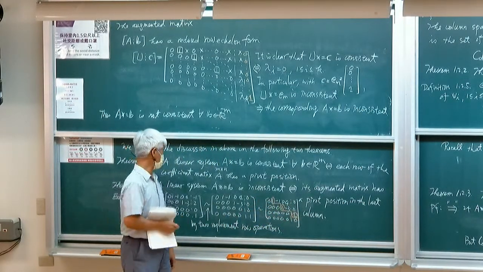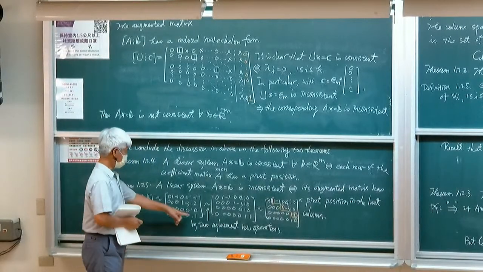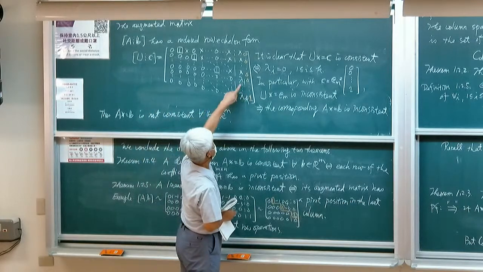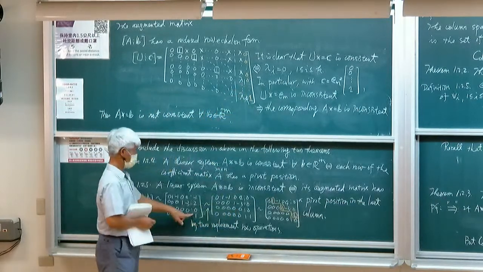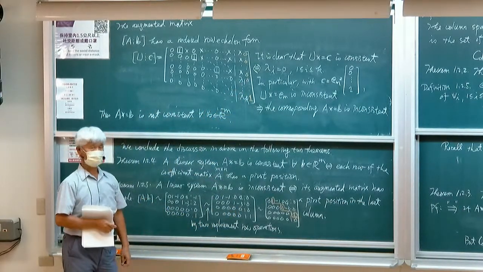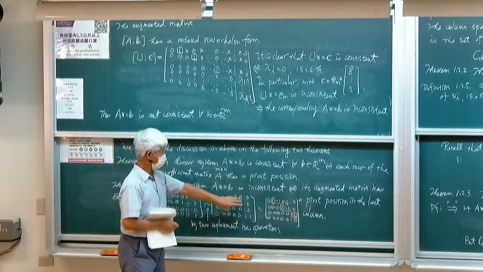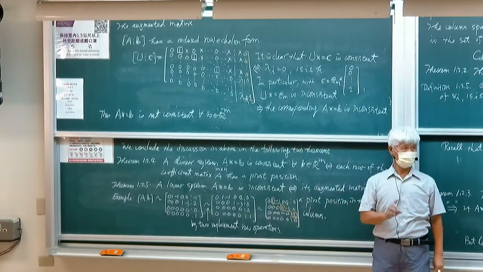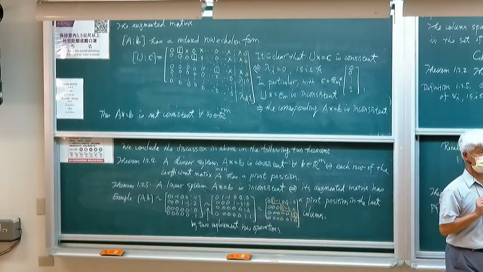So whenever you have a form like this one, such that at least one of the lambdas is non-zero, then you end up with a pivot in the last column just by elementary row operations.